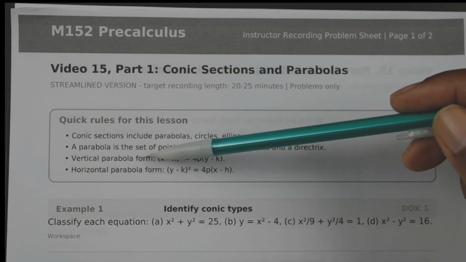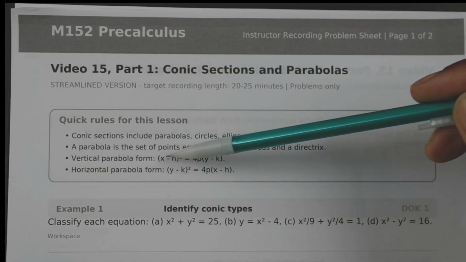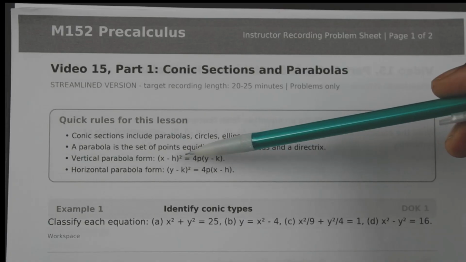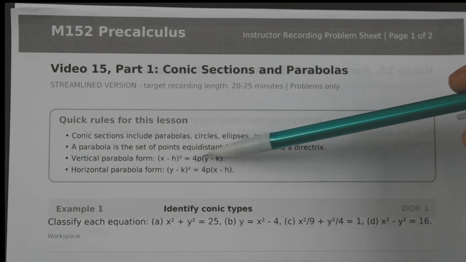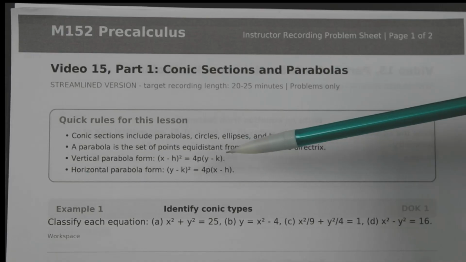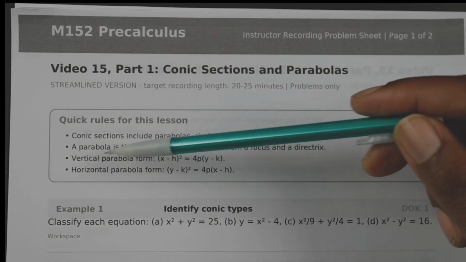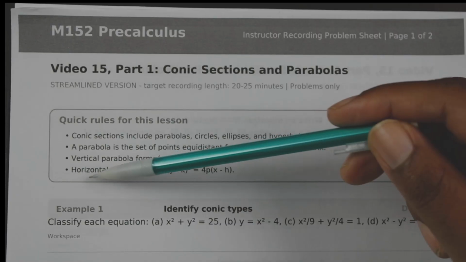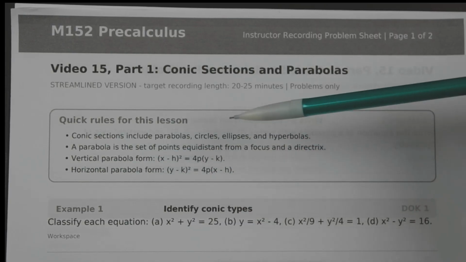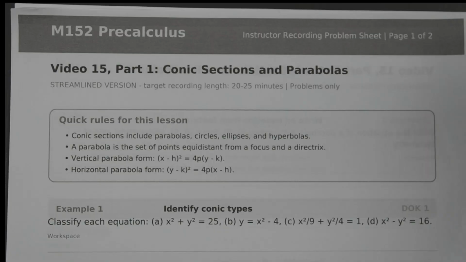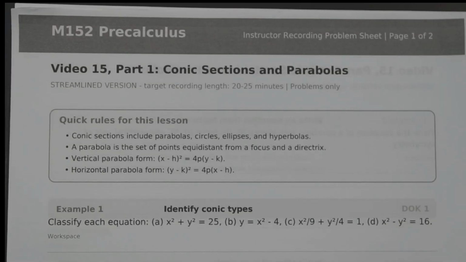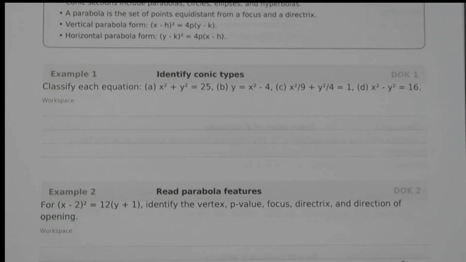The vertical parabola form is (x minus h) squared equals 4p times (y minus k). It's good that we have formulas, because this is the vertical parabola, and then there is the horizontal parabola form. These forms are something you just have to memorize. The more you write it, the more it'll be committed to memory, so practicing it is absolutely essential.